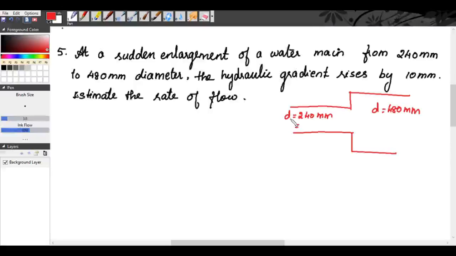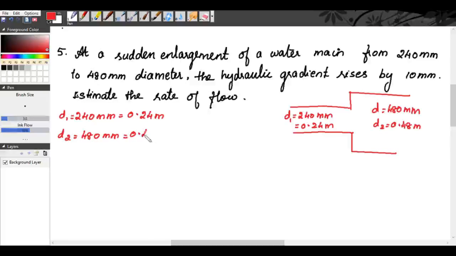So here the diameters we can take as D1 and D2. D1 is equal to 240 mm, that is equal to 0.24 meter, and D2 is equal to 480 mm, that is equal to 0.48 meter.